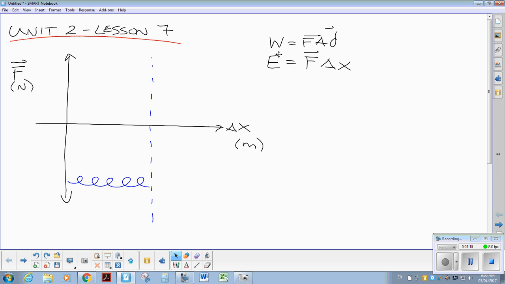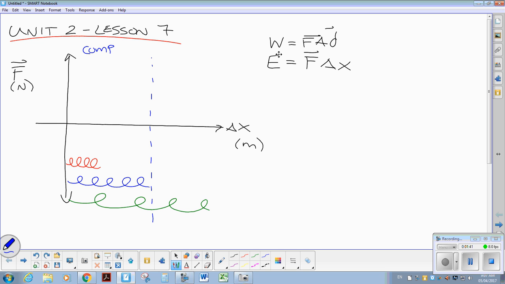If I compress the spring, I'll do the red, so we squish the spring down to that point right there, or if we stretch this spring out a little bit more, in both cases we have stored energy. So we have our compressed area and our extended area.